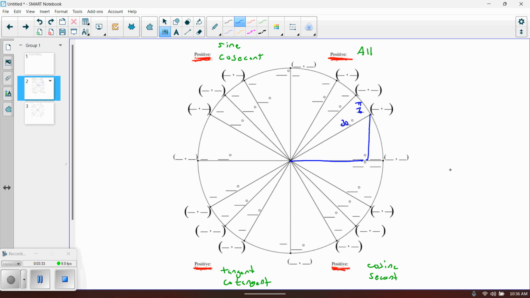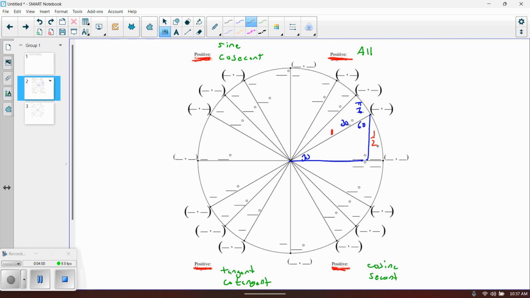Since this angle right here was your 30, that makes this a 60, which is a 30, 60, 90 special right triangle. We know that the radius of every single one of these is 1 because it's a unit circle, which makes our hypotenuse 1. Because the relationship of a 30, 60, 90 says that the shorter side, the side opposite of the 30 degrees, is half of the hypotenuse, that's 1/2.